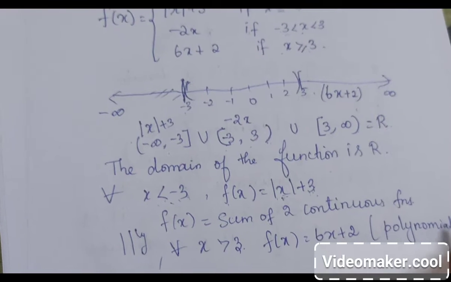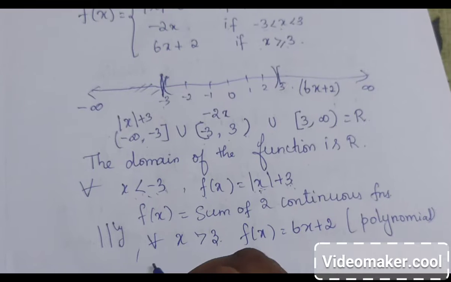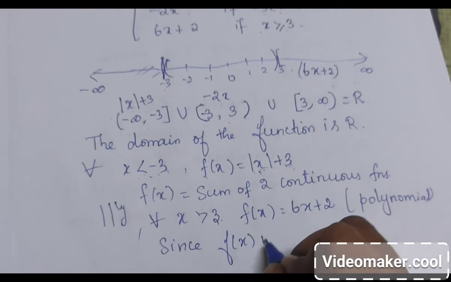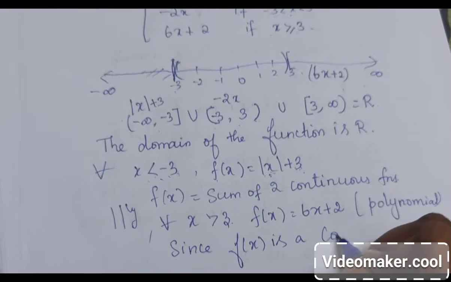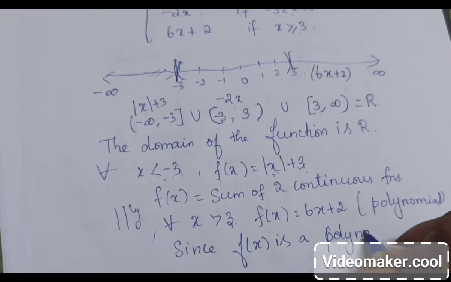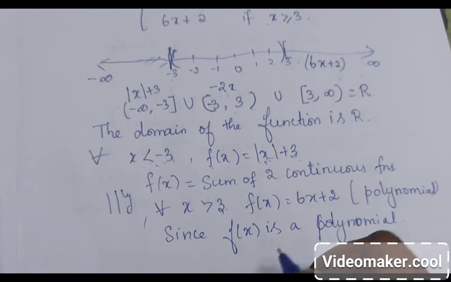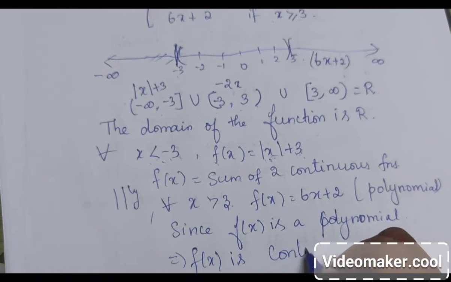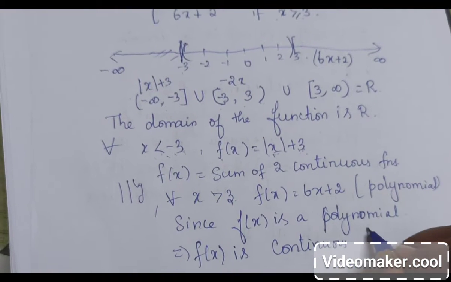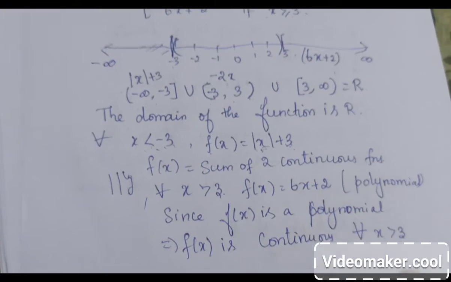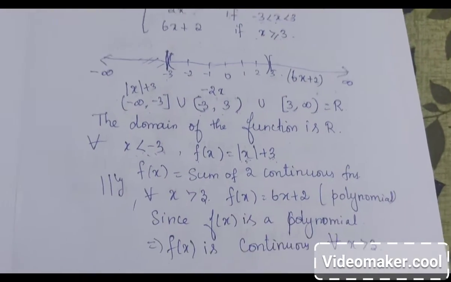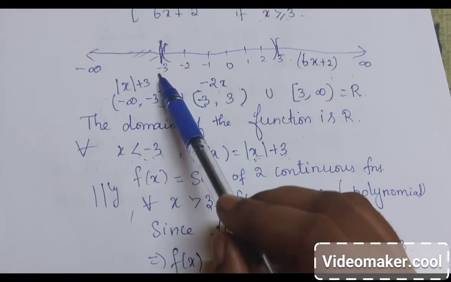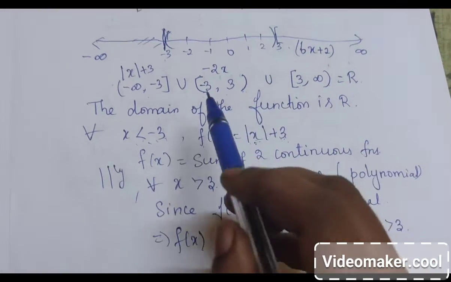Polynomial functions are continuous, so since f of x is a polynomial function, we can say f of x is continuous for all x greater than 3. Now we'll check the continuity of the function at minus 3 and plus 3.